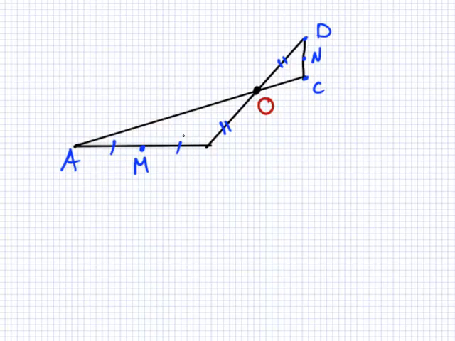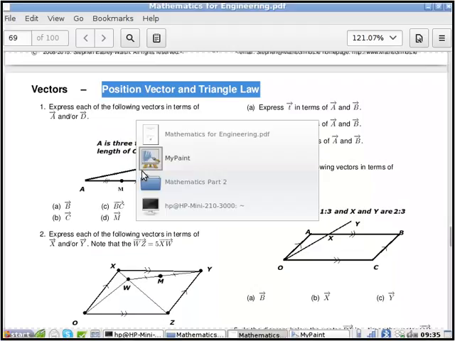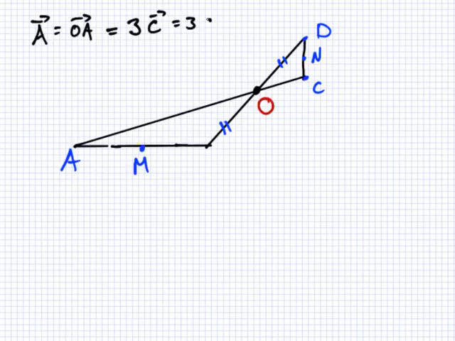I won't write that in, it's a bit messy. So M is in the middle and N is in the middle, and O is in the middle here of these two. And also A is 3 times the length of C. So A, which is OA, that's 3 times the length of C, which is OC.